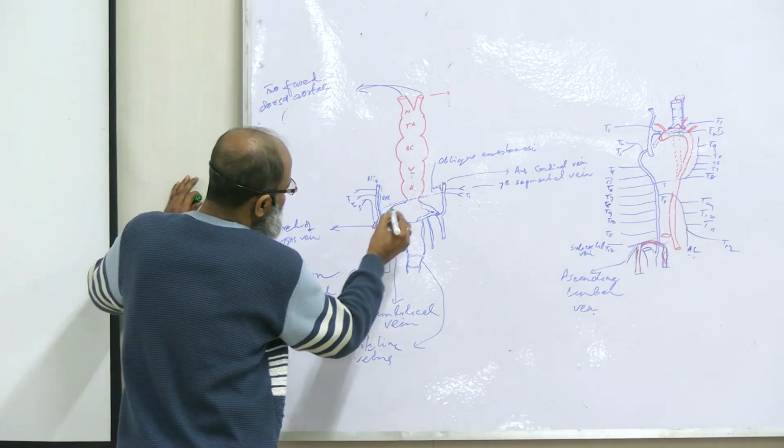Now you can see there are posterior cardinal veins and anterior cardinal veins. From the whole of the body, the veins merge into the posterior cardinal vein and the anterior cardinal vein. These two veins join with the sinus venosus, and the common part is known as the duct of Cuvier. This is the sinus venosus.